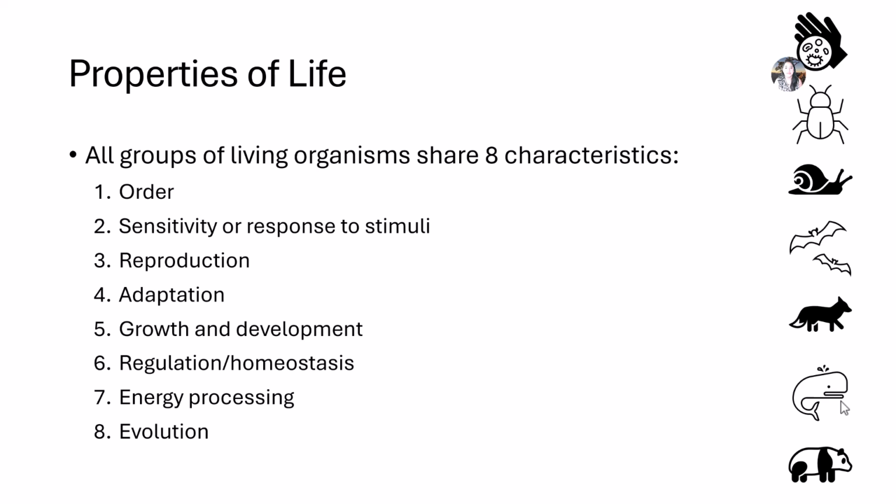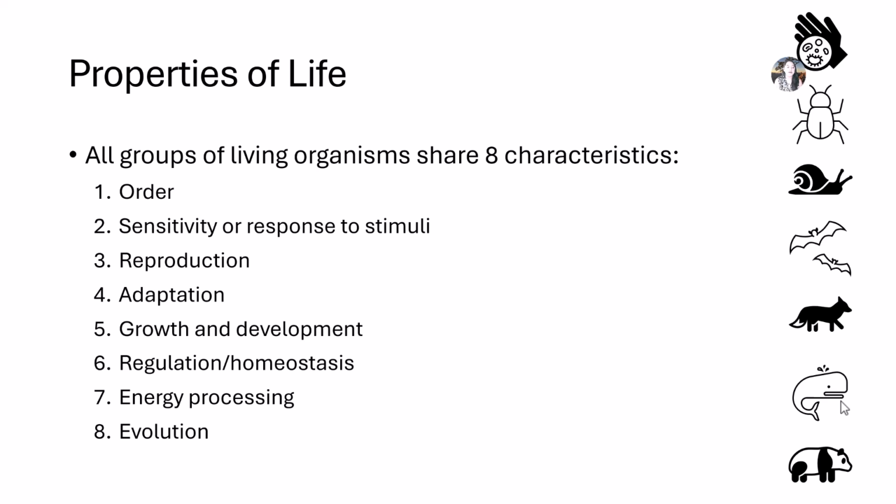But even snails, beetles, and the very topmost bacteria, bacteria that live in our environment, are alive. What makes these things alive? These 8 characteristics: order, sensitivity or response to stimuli, reproduction, adaptation, growth and development, regulation or homeostasis, energy processing, and evolution. We will go into more detail on each one in the following slides.